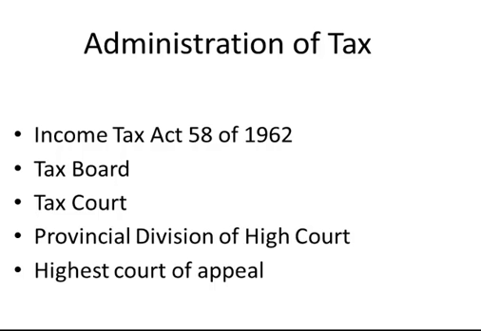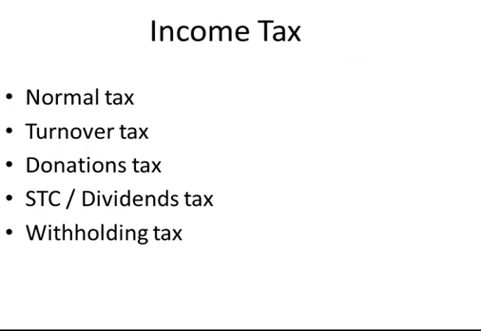If you don't like their decision, then you go to the tax court. If you don't like the tax court's decision, then you go to the provisional division of the High Court. And if you don't like their decision, then you go to the highest court of appeal. You cannot go from the Income Tax Act to the highest court of appeal. Unfortunately not.